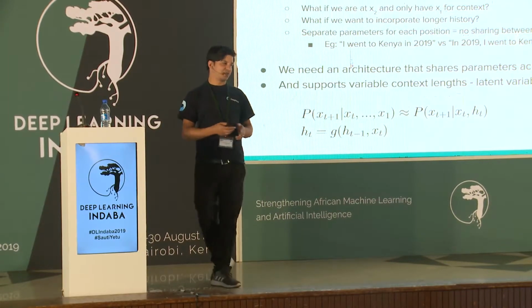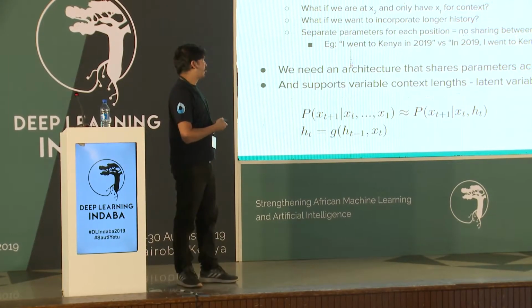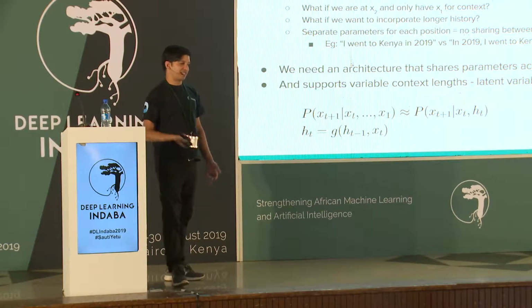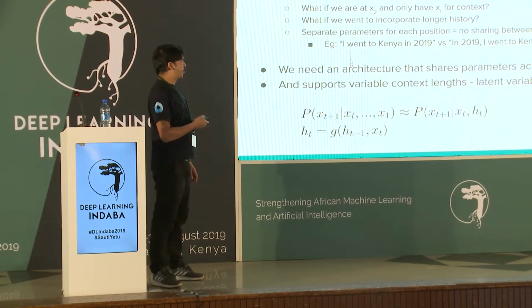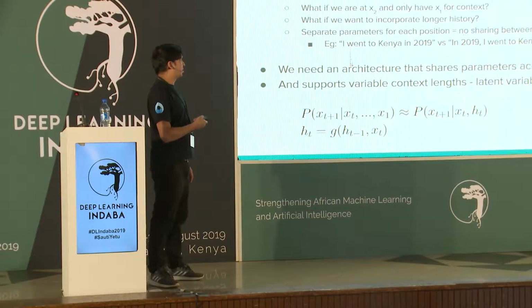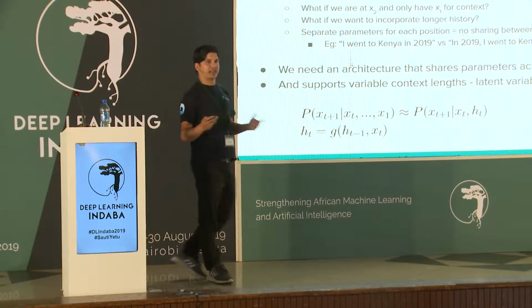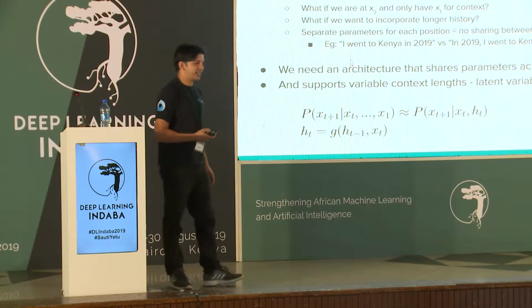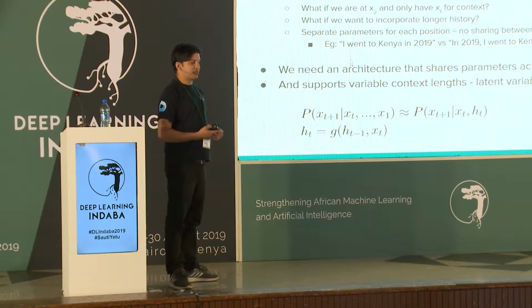If we have these two sentences, "I went to Kenya in 2019" versus "In 2019 I went to Kenya," these mean the same thing, and the 2019s here are the same, but the MLP will have separate weights for 2019 in the 6th position and 2019 in the 2nd position, and no way really of exchanging information that those are the same thing. So we need an architecture that can support sharing of parameters across time and also supports variable context length.